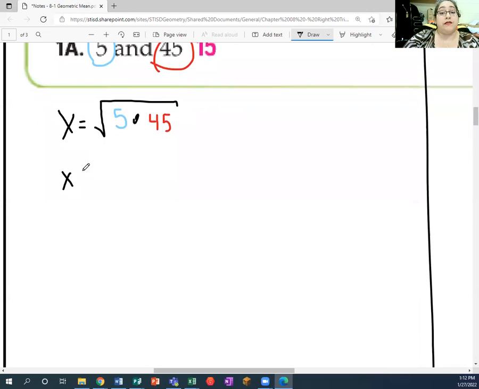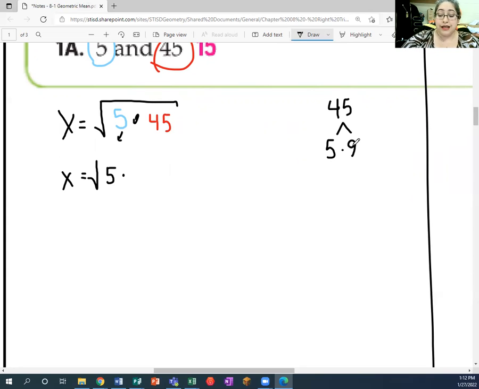So I'm going to think of 5 first. What do I multiply together to give me 5? 1 and 5. 1 doesn't really help me when I'm dealing with factors, so I'm going to leave that 5 all by itself. So I've taken care of this one. Now I'm going to think about 45, and I'm going to find all of the factors of 45. I can get to 45 by multiplying 5 and 9.